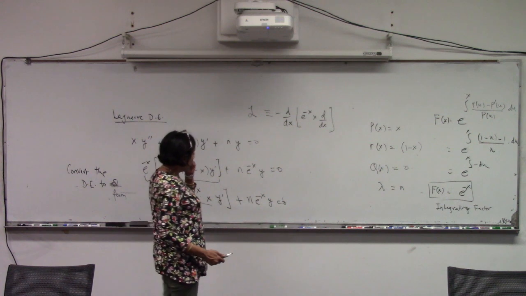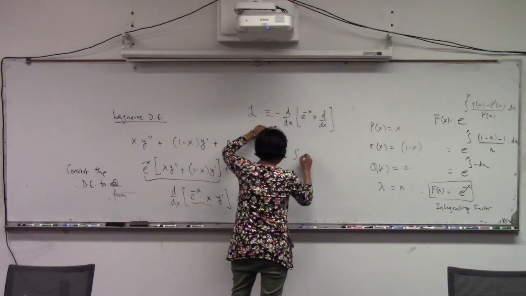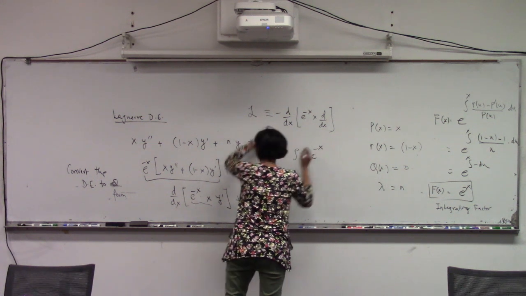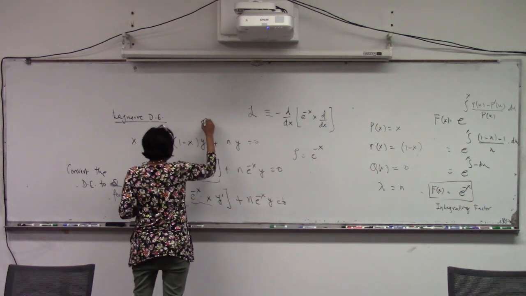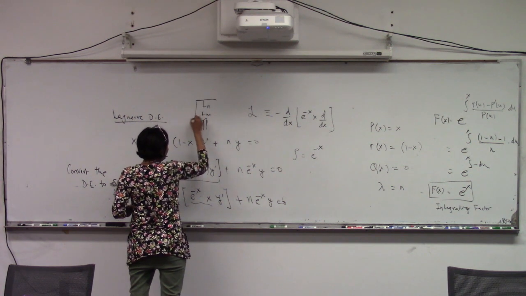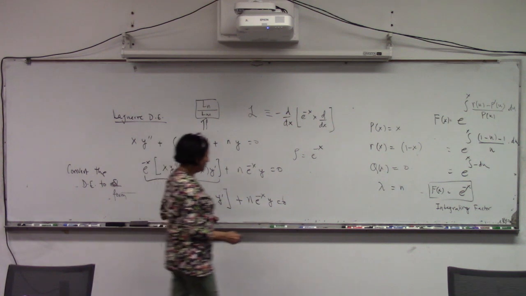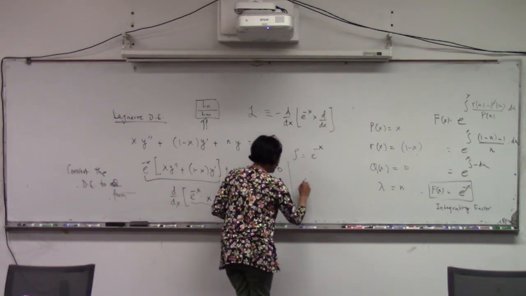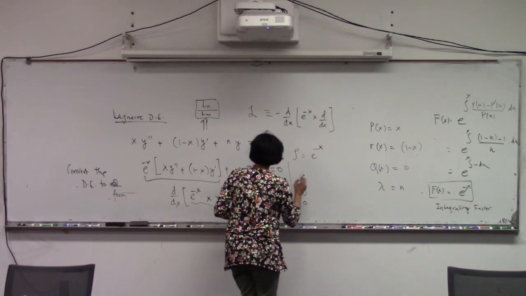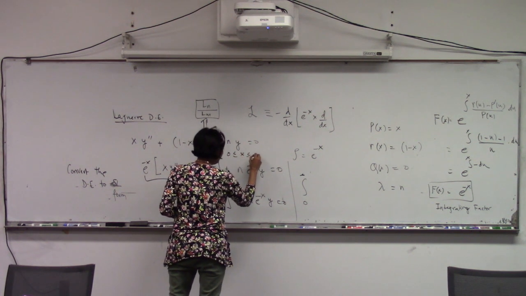So that is your L operator, and the weight factor is exponential of minus x. If Ln and Lm are Laguerre polynomials of order n and m, and let's say this is in the region 0 to infinity, we're solving this in this regime.